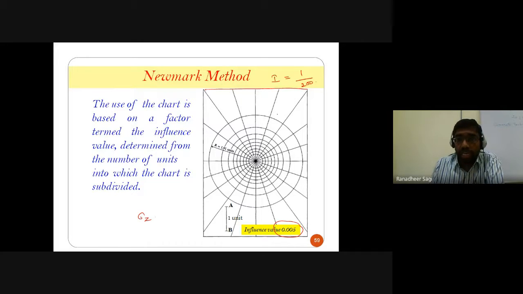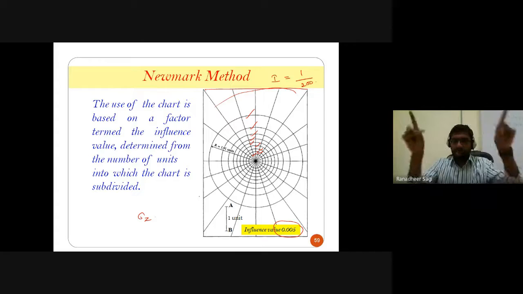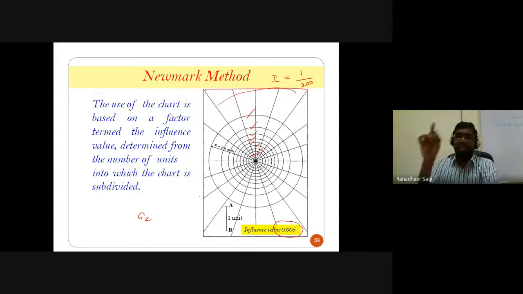Okay, so here I have got 10 concentric circles, starting with 1, 2, 3, 4, 5, 6, 7, 8, 9, and the border indicates the 10th one. The border that we are representing indicates the 10th concentric circle. And each concentric circle is divided into how many elements?